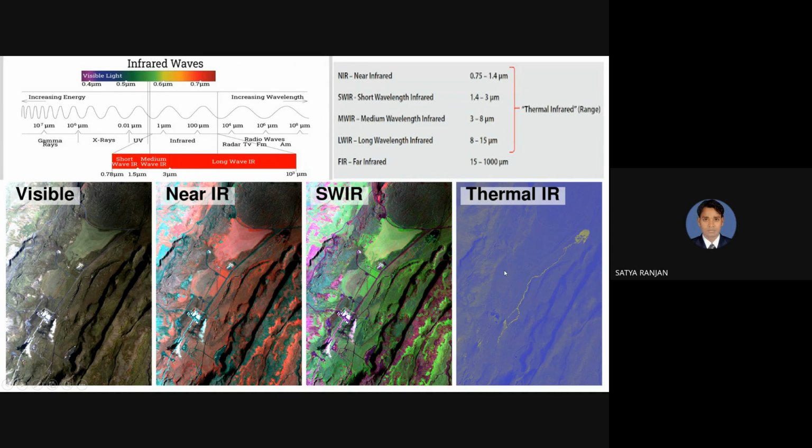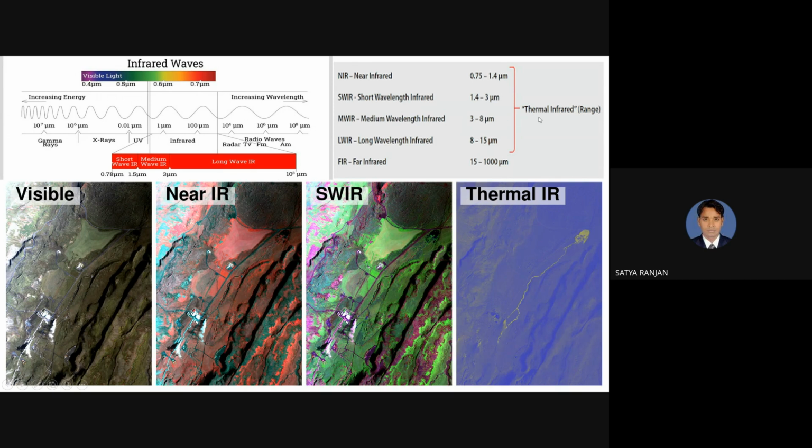So we have to identify first of all which types of bands are there, and which bands are useful for different applications based on the wavelength. So some basic idea we have to know, what is the characteristic of different bands. After that, we will use them efficiently.